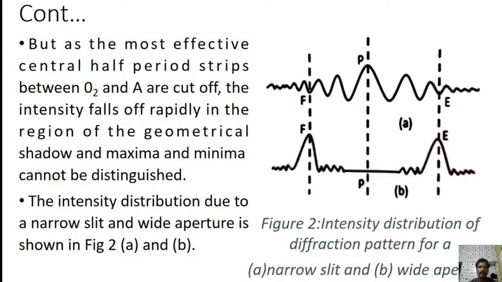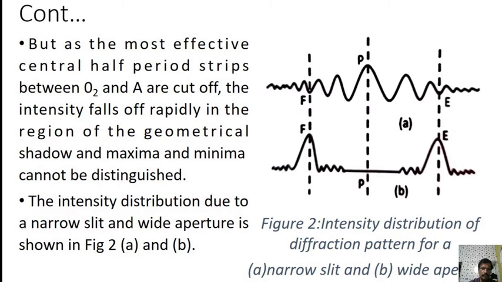But as the most effective central half-period strips between O2 and A are cut off, the intensity falls off rapidly in the region of the geometrical shadow, and maxima and minima cannot be distinguished. Look at the diagram or graph.